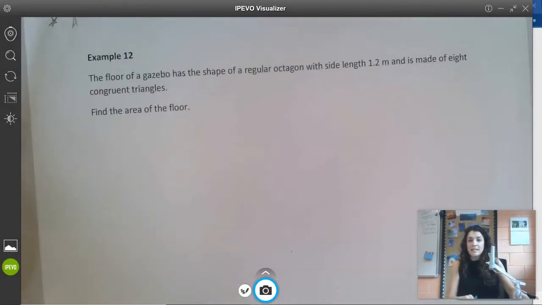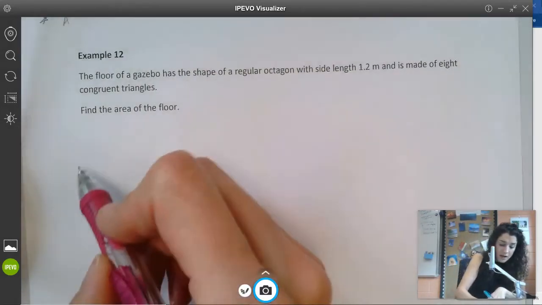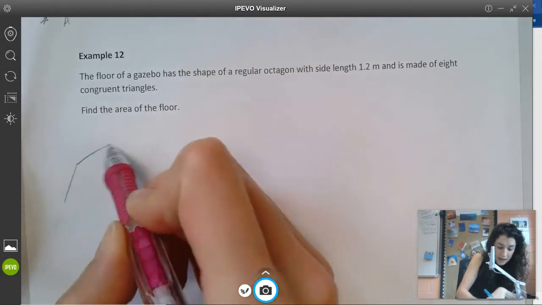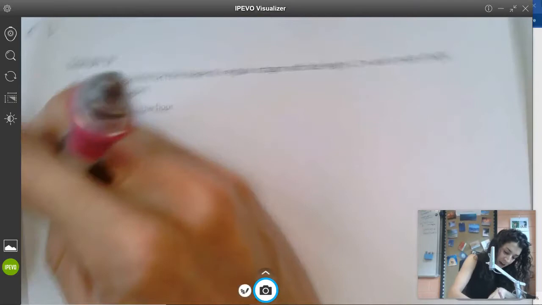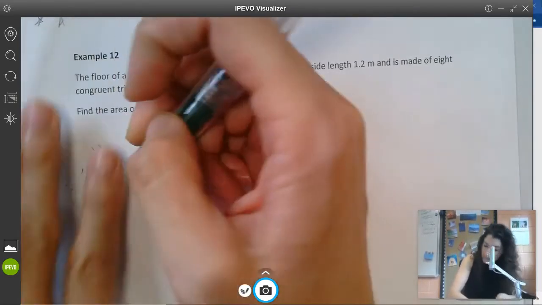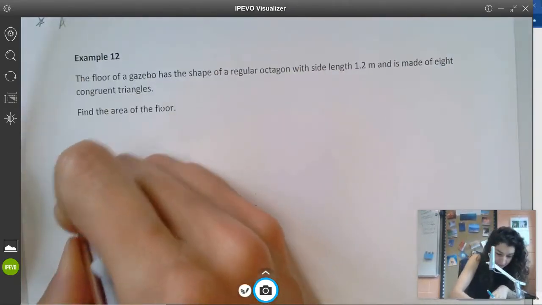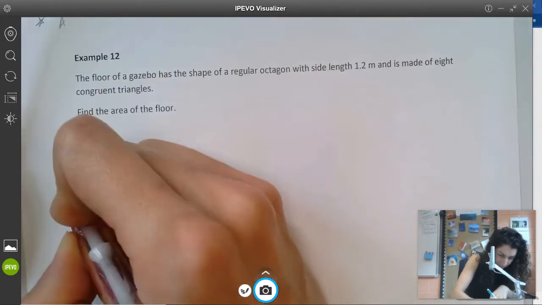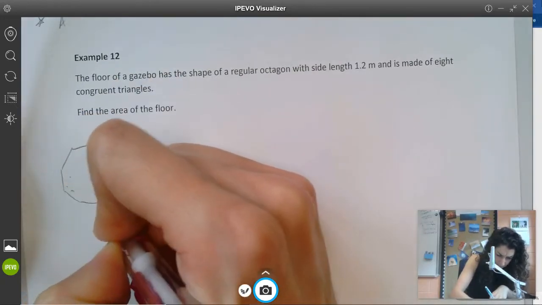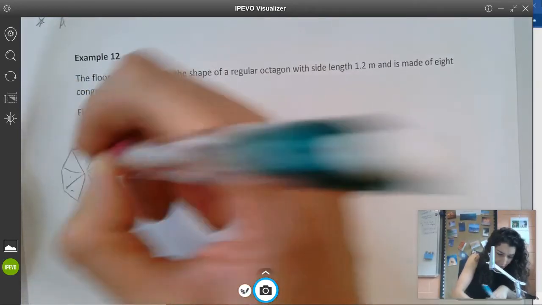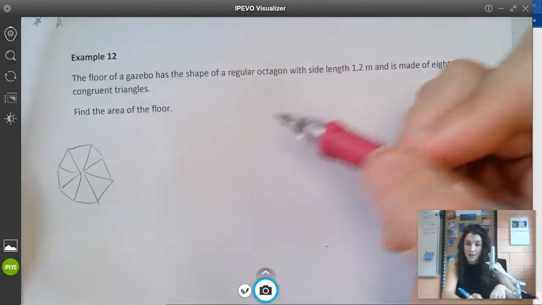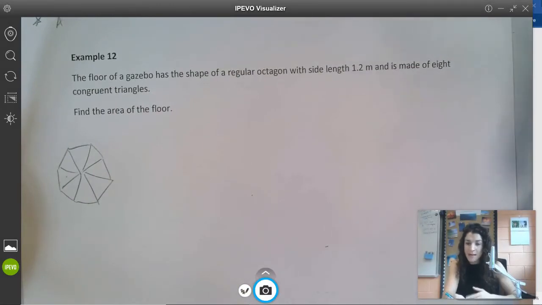Okay, last one. We've got a gazebo, and it's in the shape of a regular octagon. An octagon has 8 sides. I'm terrible at drawing octagons. The idea with octagons, especially regular octagons, is that 8 triangles make an octagon.